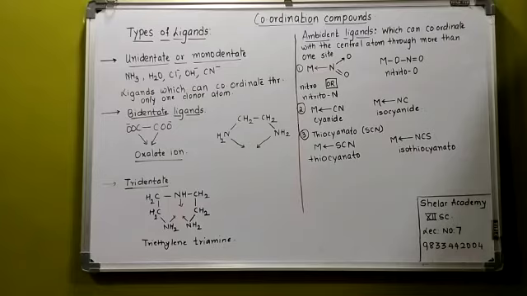Tetradentate, there are many examples. Pentadentate also. The example of tetradentate is triethylene tetramine. Pentadentate is ethylene diamine triacetate. All these I will provide in the notes in our group, so don't worry about that. So that is the description of the ligands, how they are classified into bidentate, tridentate, tetradentate, pentadentate, hexadentate. Hexadentate means the donor sites will be 6. So these are the classifications of the ligands.